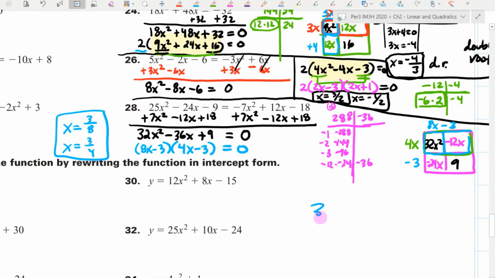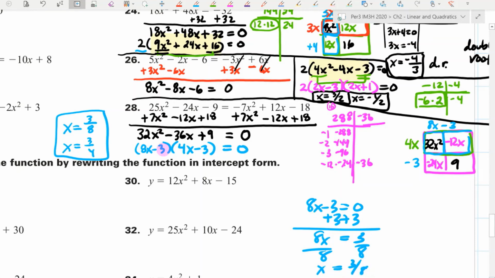Now, normally, if you're not sure how to do that, you would write 8x minus 3 equals 0. You would add 3, and then you would divide by 8. If you can see, it's always going to be the second number divided by the first number and then the opposite sign. Then you can go ahead and write the answers down.